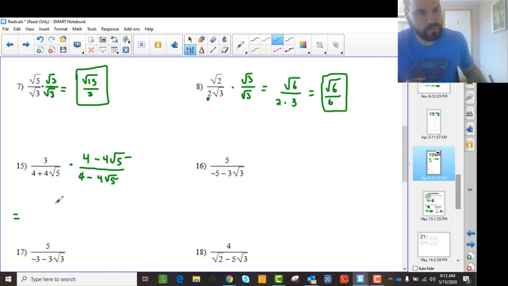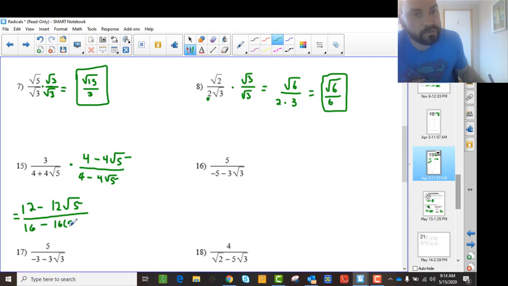Okay, so we're going to do that. So 3 times 4 is 12, minus 12 root 5. And then on the bottom, we square these. So we get 16 minus 16 times 5. Okay, so that gives me 12 times 1 minus root 5, if I just take the 12 out of there, and this gives me 16 times 1 minus 5.